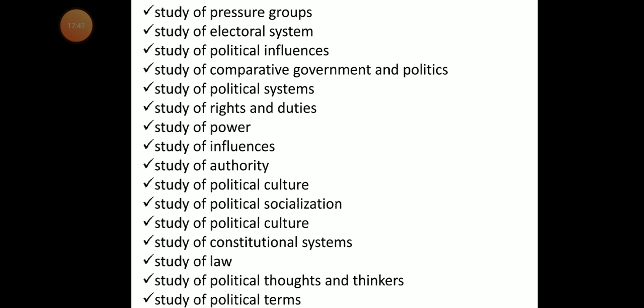Then we have study of political socialization. Political socialization means the formation of values and beliefs of the people towards the political system. By studying political socialization we come to know how people have formed their values and beliefs towards the political system. It forms part of the scope of political science.